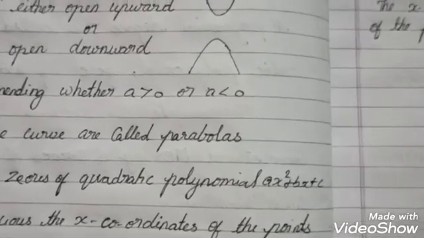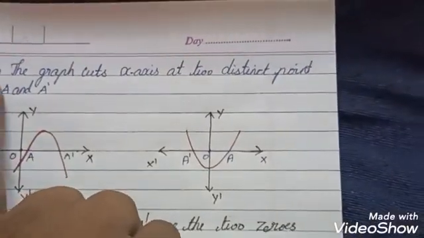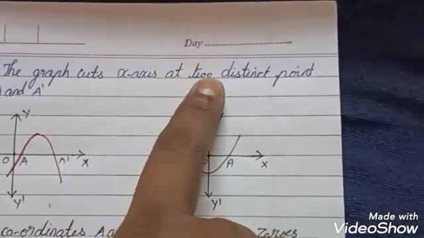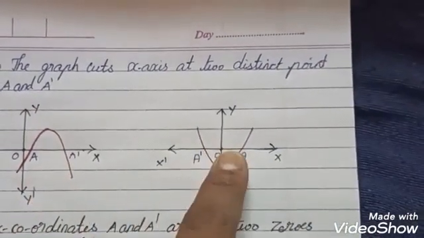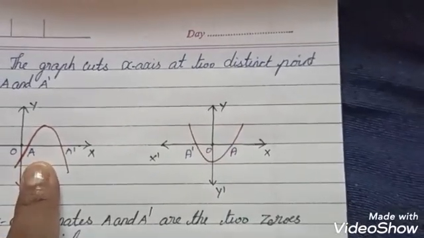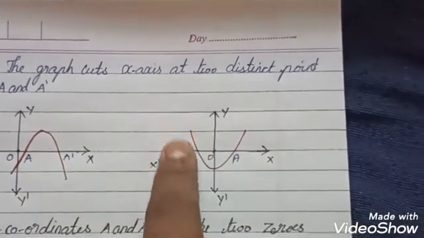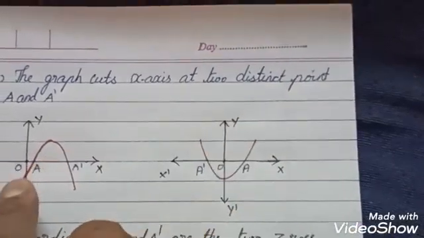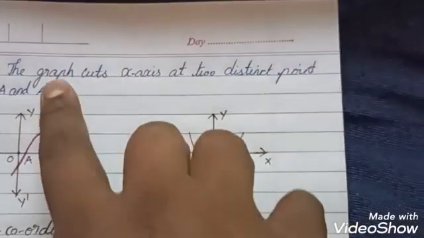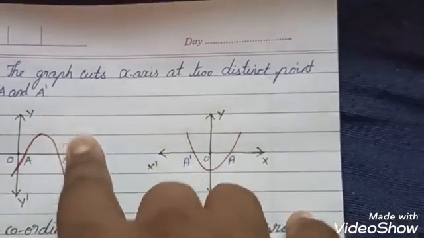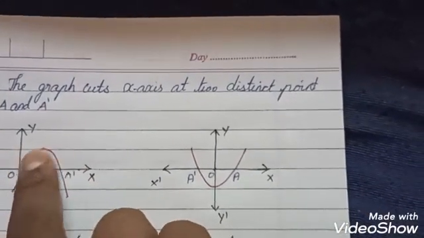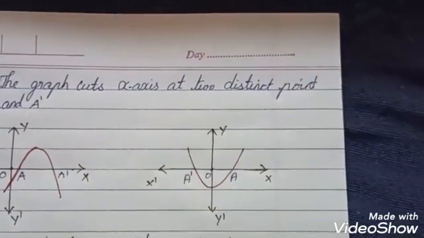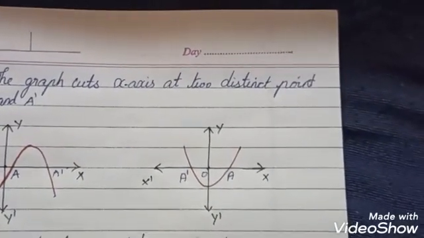First case, case number 1: the graph cuts the x-axis at 2 distinct points, a and a dash. You see the first diagram and the second diagram. One is an open downward curve and the other is an open upward curve. In the open downward curve, it intersects at 3 points, 1, 2, 3, but for the zeros we have to take only the points where it intersects the x-axis.